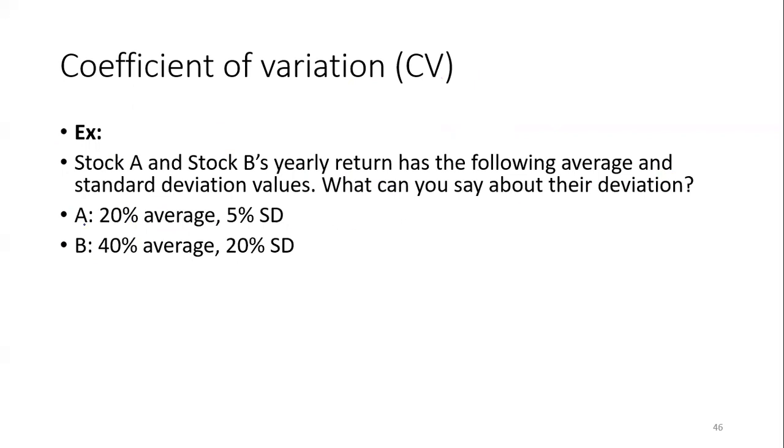As you see, stock A has an average of 20% yield, but B has a larger return, double that of A. However, the standard deviation of A is 5%, but B has a standard deviation larger than A. So this one has a larger average, but this one has a lower standard deviation.